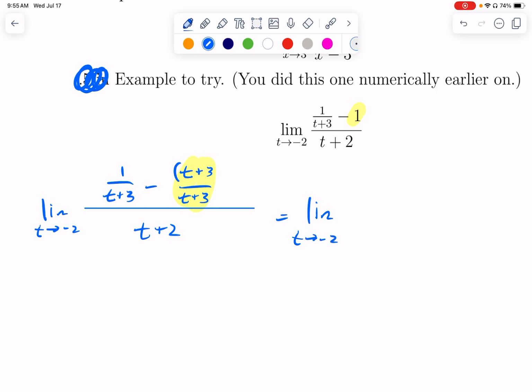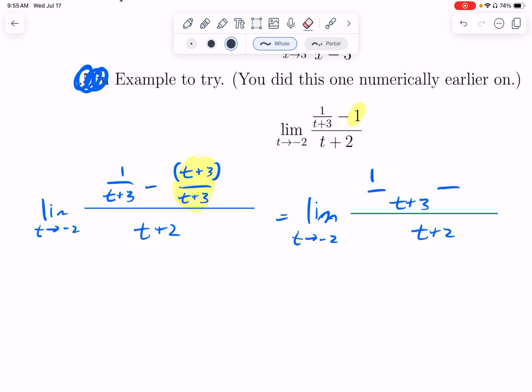Now I'll just remind you, you are subtracting all of that. So when you group things together, keep in mind that you are subtracting all of it. Our denominator up top is t plus 3, and we have 1 minus the quantity t plus 3. Don't just put in a minus. Think about you're subtracting that whole quantity.